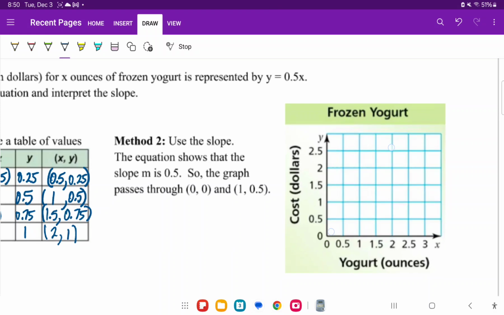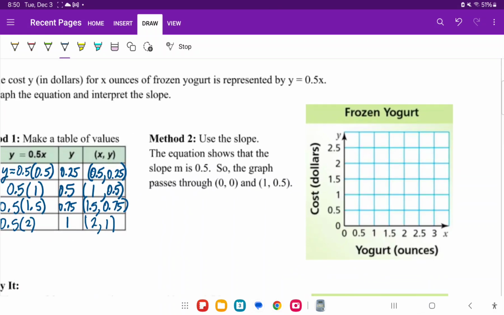The first point is 0.5 and 0.25. For that, you have to go in between. You go right to 0.5 and up to 0.25, which is halfway between. Then the next point is you go right 1 and up to 0.5. Then the next point is 1.5 and 0.75, and 0.75 is halfway between again, right there.